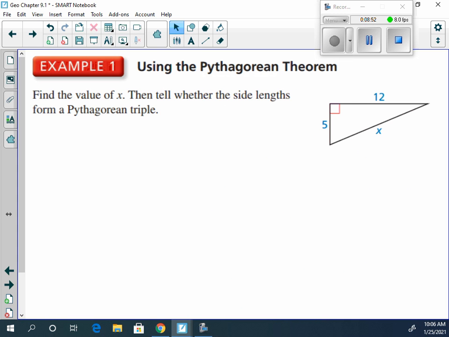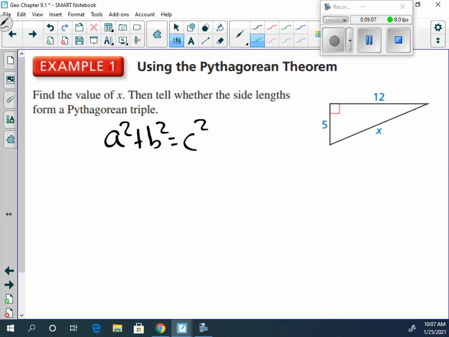Okay, let's use the Pythagorean theorem on this here. Find the value of x and tell whether the side lengths form a Pythagorean triple. So our formula, a squared plus b squared equals c squared. So what am I going to plug in for a, b, and c?